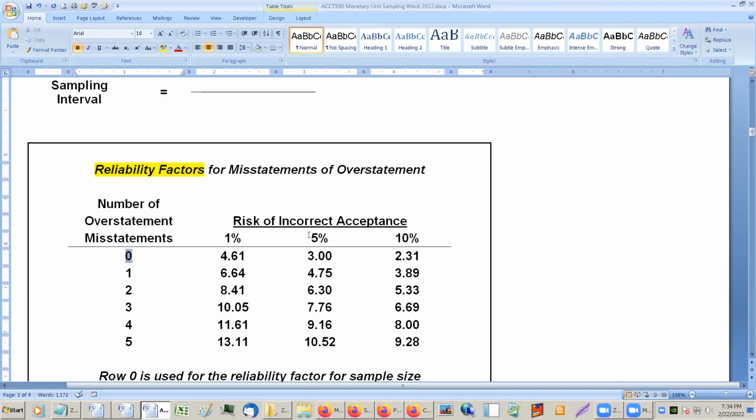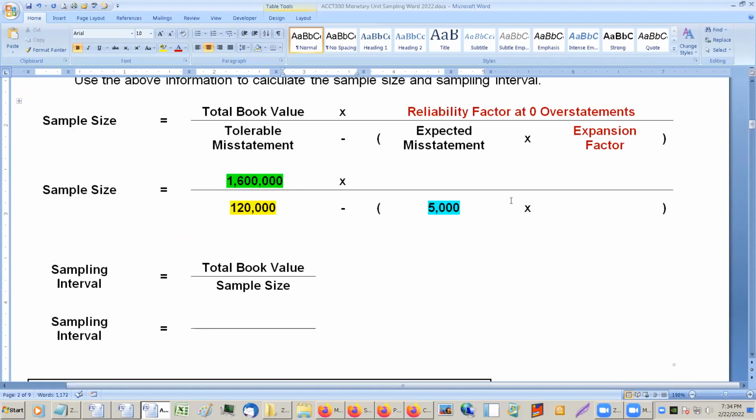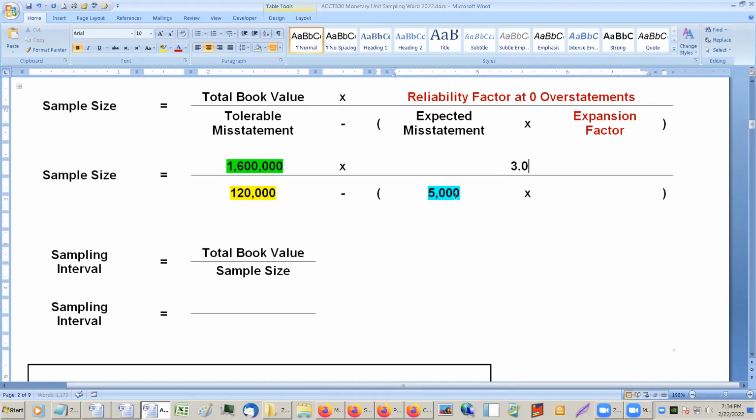Zero overstatements at 5% would be 3. And we need an expansion factor.